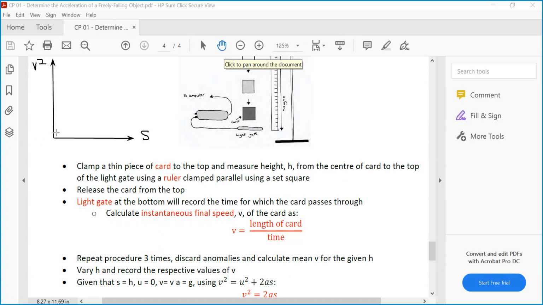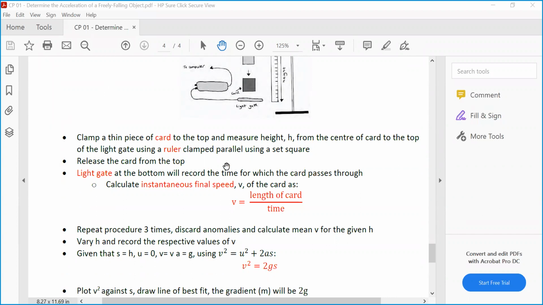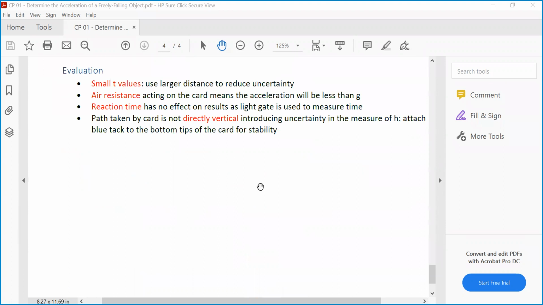So you will get a graph like this, and then you can take the gradient of the graph. Gradient equals 2a, where acceleration means gravitational acceleration. So you can take 2g, and that's it. That's the practical. Do you have any questions?